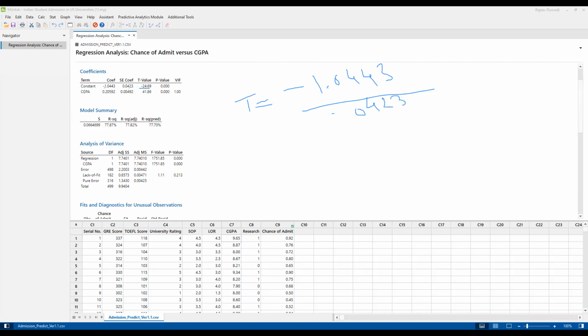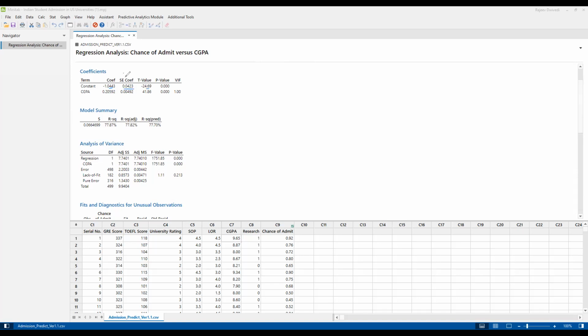If I use the calculator, maybe you will not see it, but 1.0443 divided by 0.0423, we are getting a 24.69 value. So this divided by this, you get this.